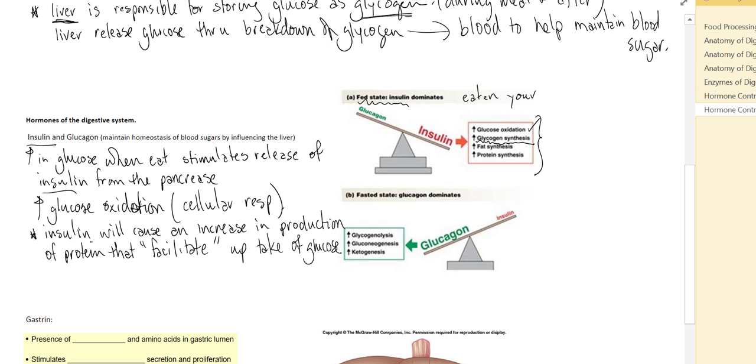And so the liver, along with muscle cells and other cells of your body, but especially the liver and muscle cells, store an enormous amount of glucose as glycogen.